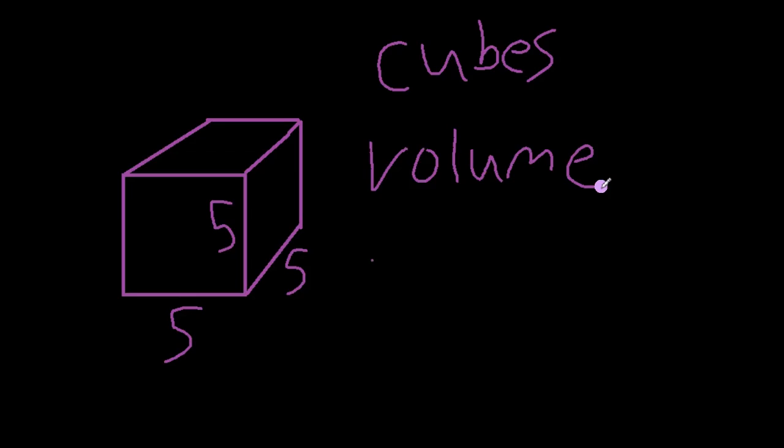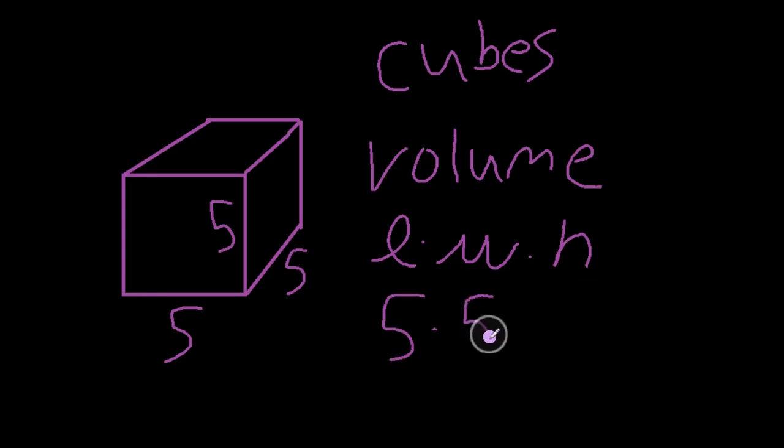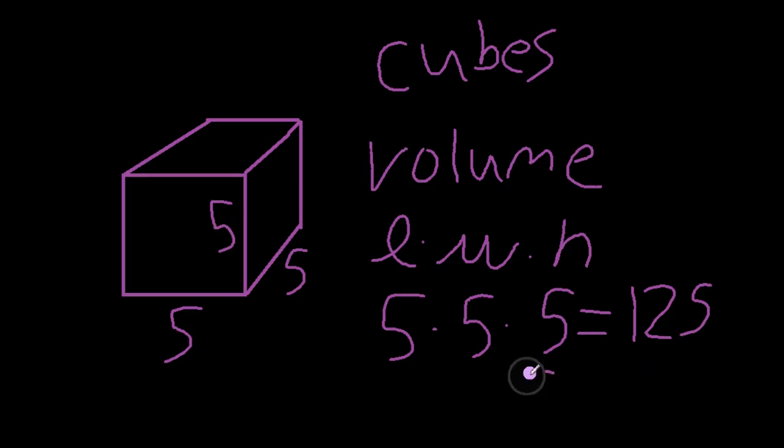Volume is given by the formula length times width times height, which in this case is, since it's a cube, all the numbers are the same, 5 times 5 times 5, which is 125. So that's why 125 is called a cubic number, and that's why 5 cubed is equal to 125.